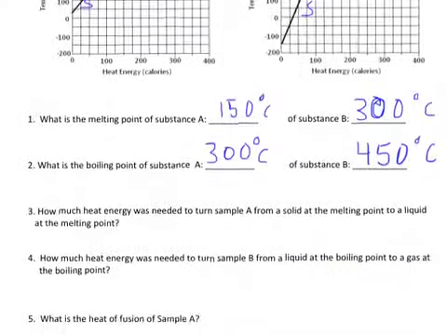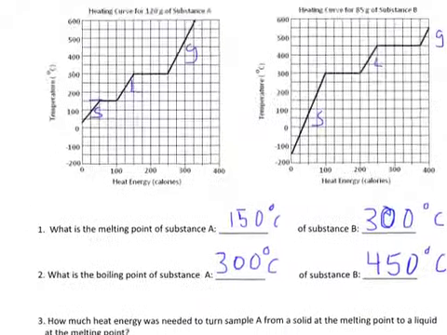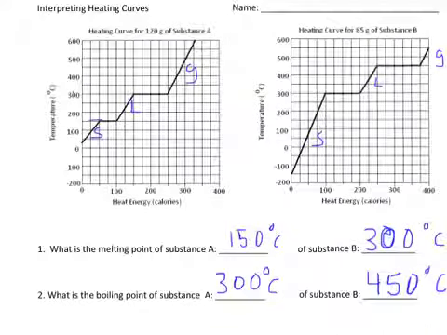Alright, now let's go on to 3. It says, how much heat energy was needed to turn sample A from a solid at the melting point to a liquid at the melting point. So here's how we do this. We want to know how many calories of energy it took to turn sample A from a solid at the melting point to a liquid at the melting point.